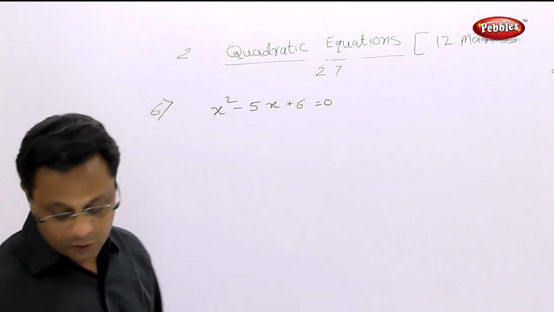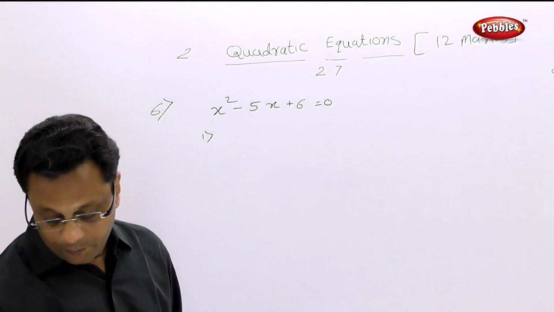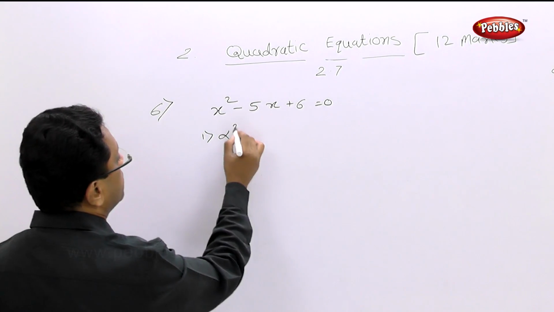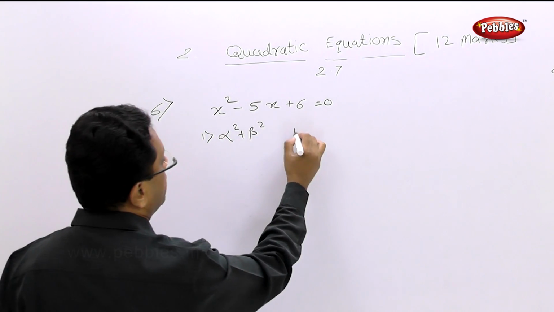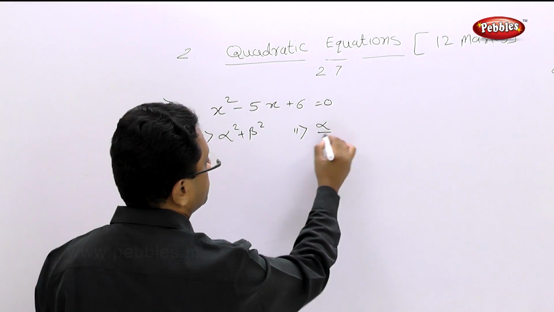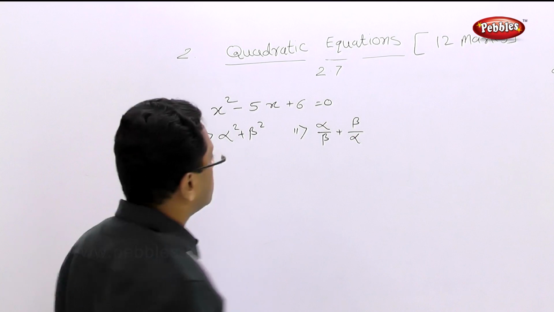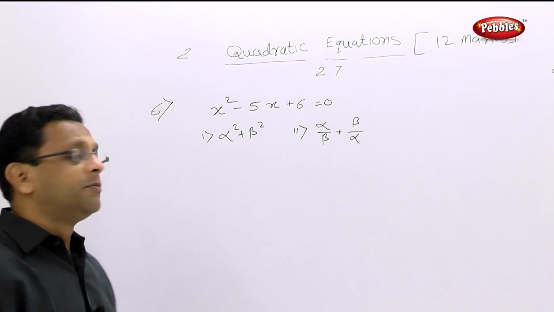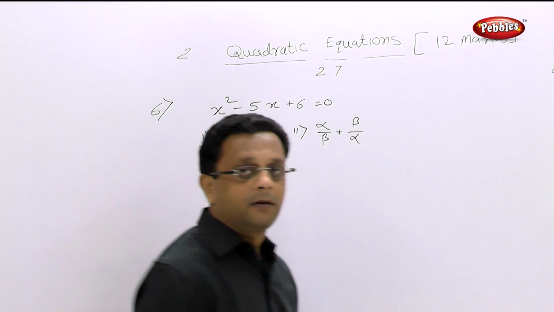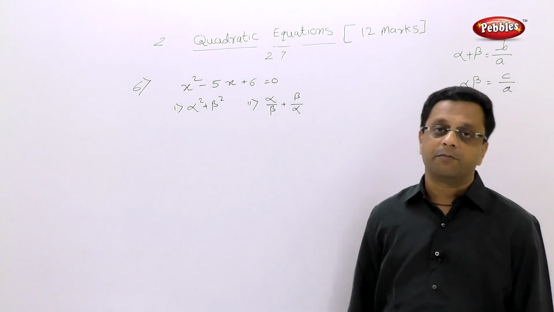Alpha and beta are the roots. We have to find the value of alpha square plus beta square, and secondly the value of alpha upon beta plus beta upon alpha. We have solved exactly a similar example, so now pause the video and solve this example.